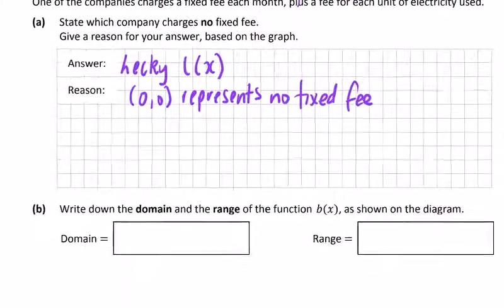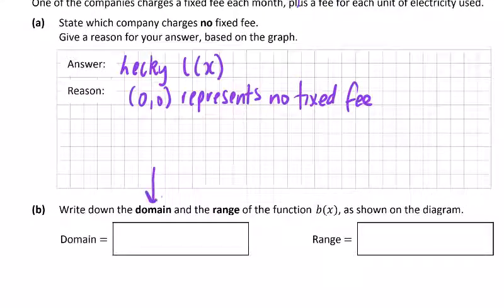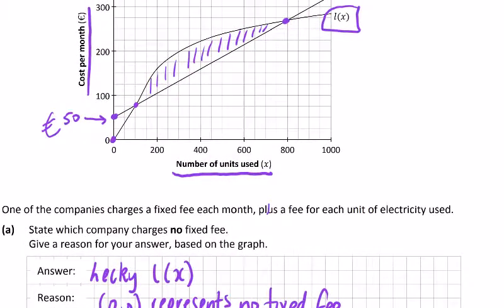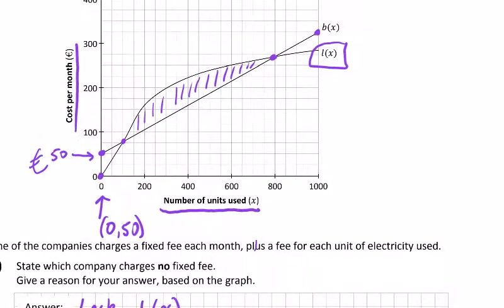Second part, write down the domain. X comes before Y, domain comes before range. So the X values and the Y values of the function B of X as shown on the diagram. So B of X, what are my X values? B of X is obviously the other one. So my X values are from 0. So 0, 50. It's the starting point. And the end point is, let's just go to it.